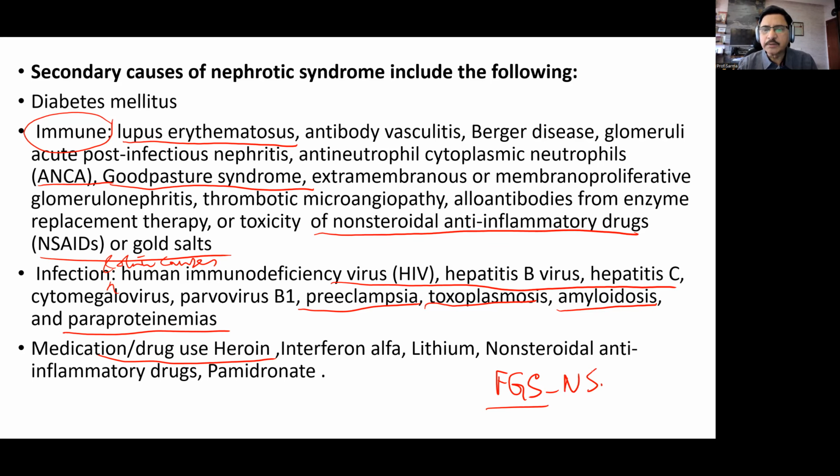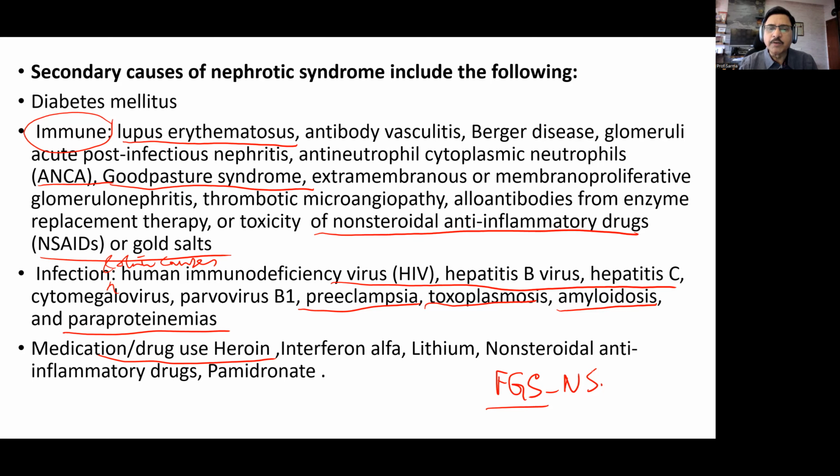And the secondary causes, commonest is diabetes mellitus, at 10 years or more of diabetes mellitus, and then immune causes like SLE, ANCA, Goodpasture's, and non-steroidal drugs acting as haptens and producing immune complex deposition in the glomerular basement membrane. Infections and other causes: HIV, hepatotropic viruses like B and C, CMV can also produce.